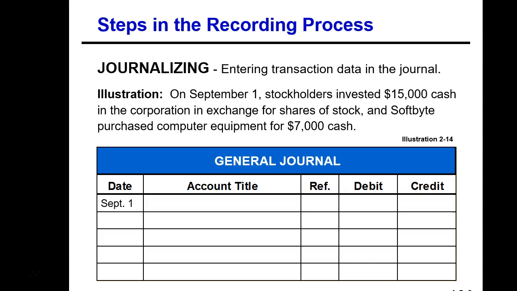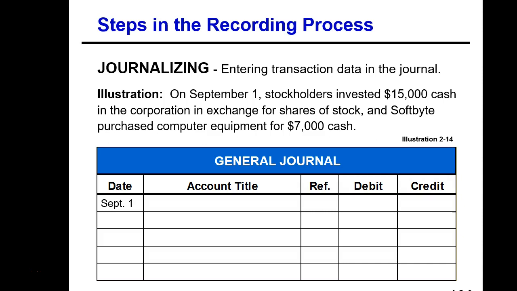For our first transaction, it says the stockholders invested $15,000 cash in a corporation in exchange for shares of stock. That's one transaction. Your job is to analyze that business transaction, meaning you first identify which accounts will be involved.